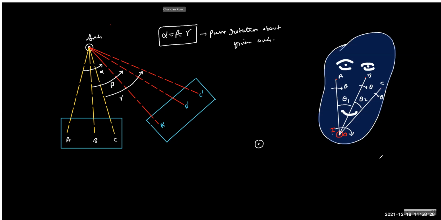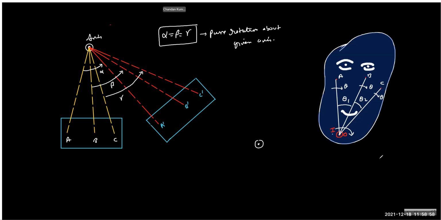So if you are successful in finding such an axis about which the body performs pure rotation, and this point need not be inside the body, it could be outside the body, then such an axis we call the instantaneous axis of rotation. And it's a really powerful concept.